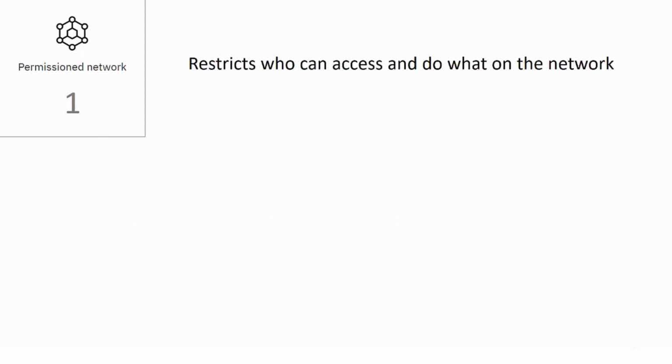Hyperledger Fabric allows businesses to create a permissioned network. Hyperledger Fabric provides ways by which owners of the network can restrict who can access and do what on the network. It requires participants in the network to be known. And to join the network, the participants have to get permission from some authority.